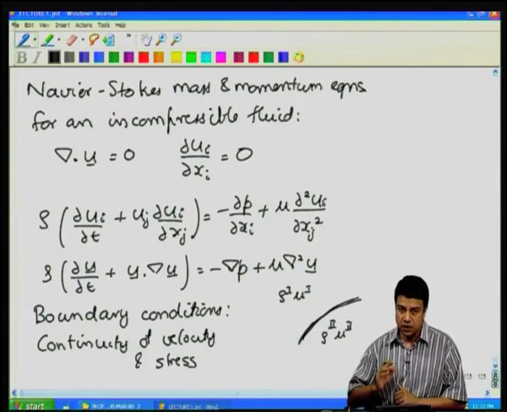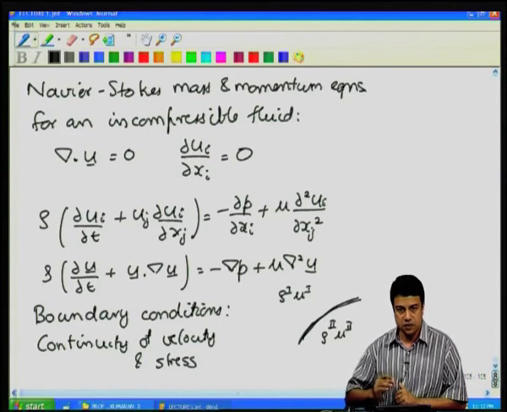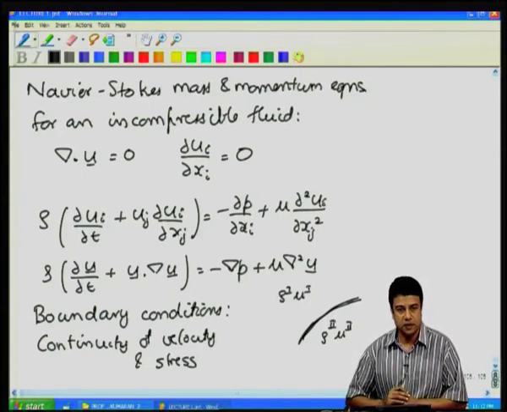And then there also has to be a force balance. That is, the normal forces on both sides have to be equal and the tangential forces on both sides have to be equal. So, that is what is meant by continuity of velocity and stress. These are general, they hold for any fluid.